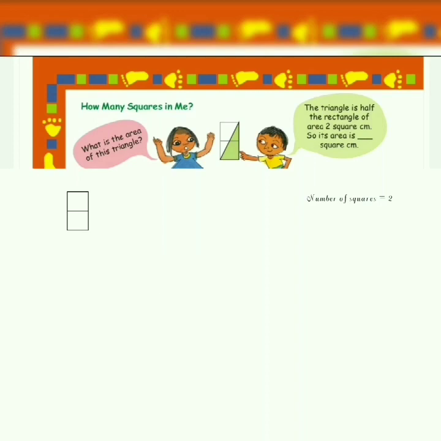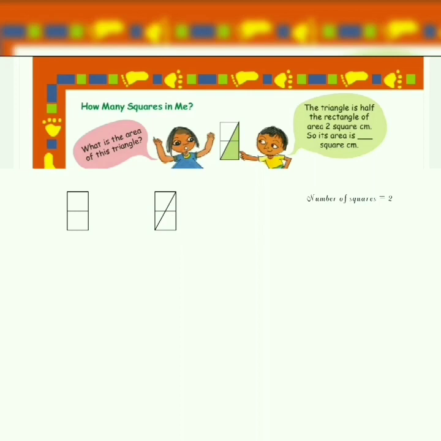Now our second figure is here. Look, we are dividing this rectangle into two equal parts by a slanting line, which is given like this. But this portion is of green color, which we have to find out.